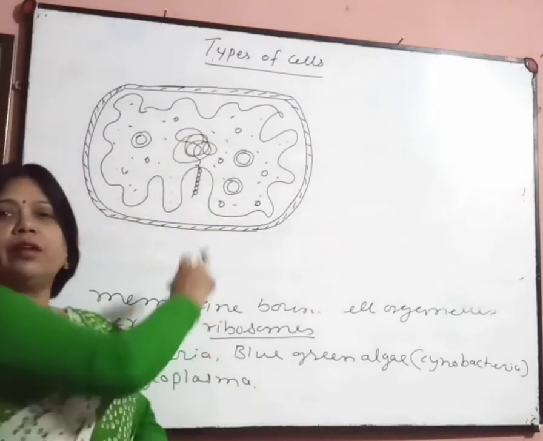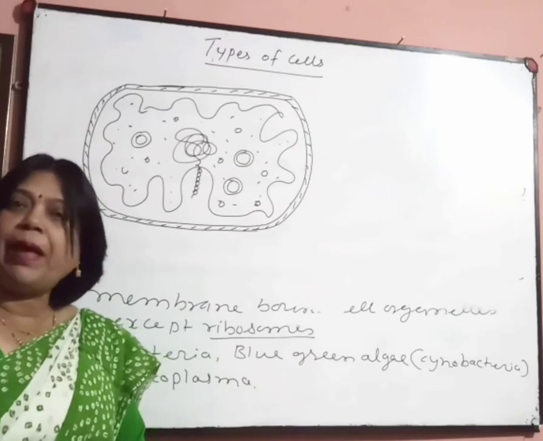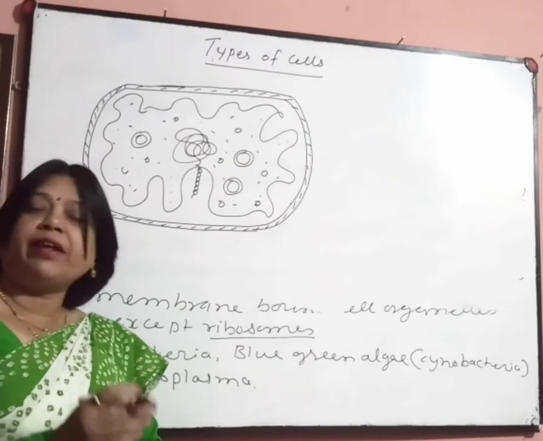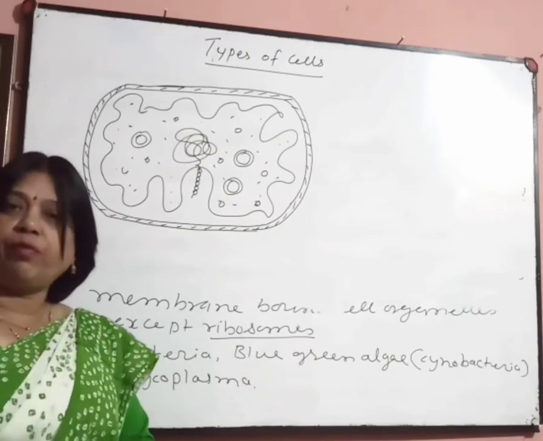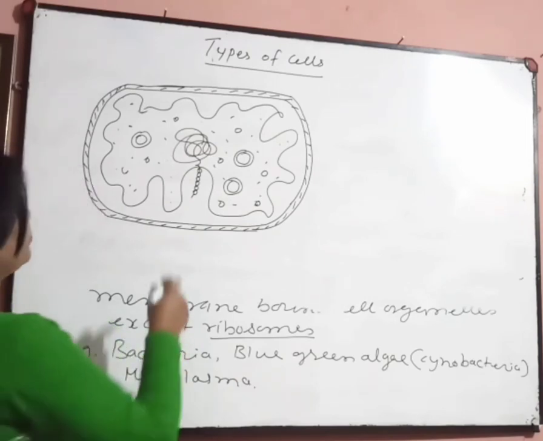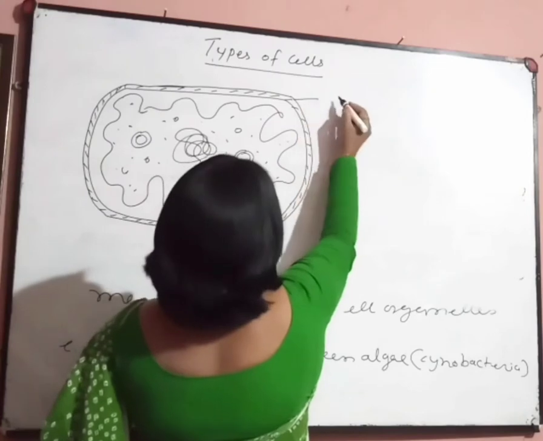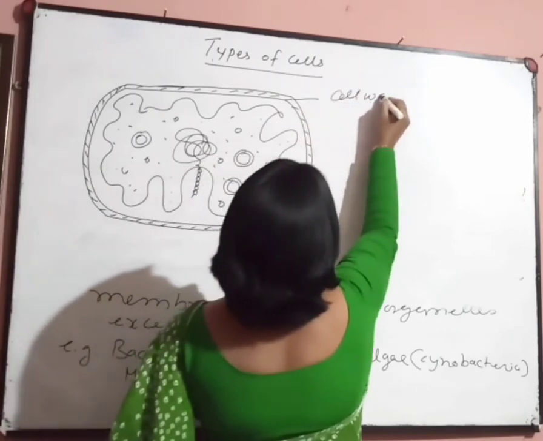This is a diagram of a bacterium, a bacterial cell, and bacteria is the example of prokaryotic cell. This is the cell wall.